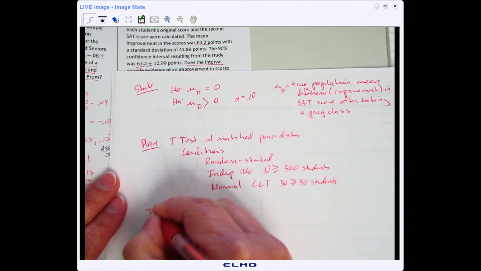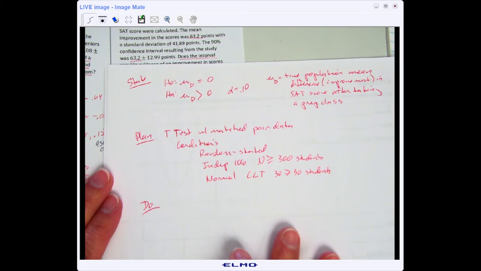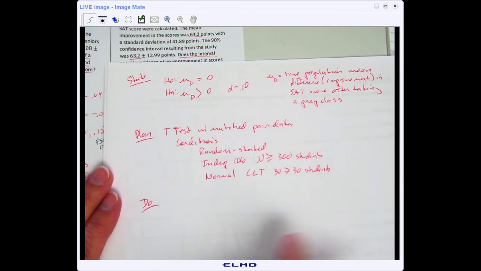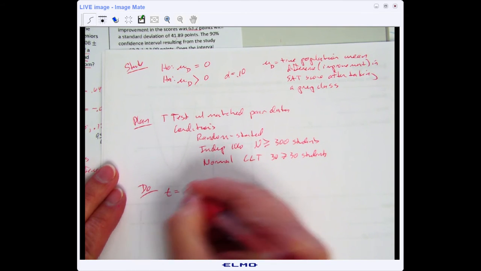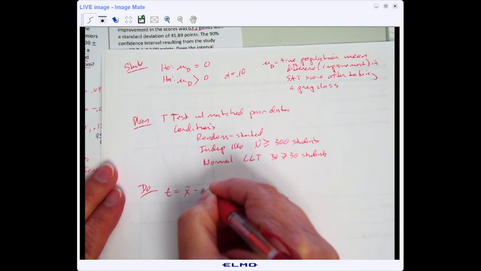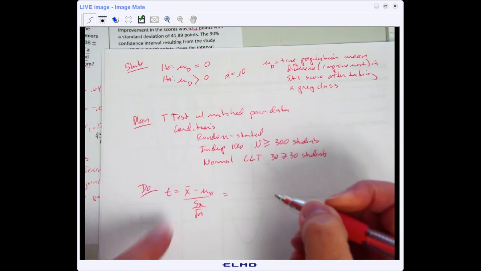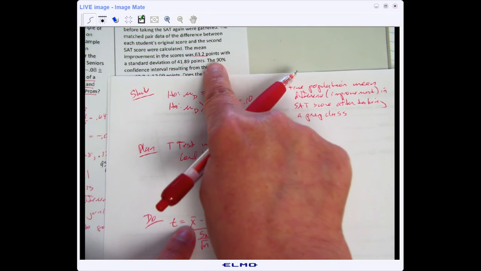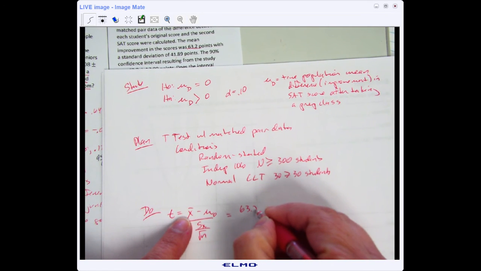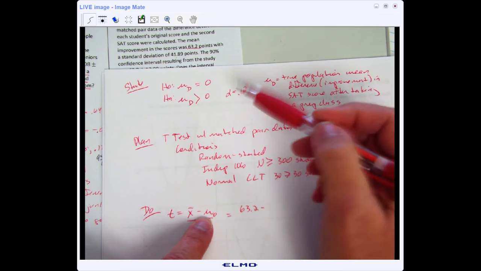Now when I get down to the do, I can write this one out because there aren't two samples. This will just be my mean minus the mu of my H0 over the standard deviation of my sample divided by the square root of my sample size. The mean of my sample was 63.2 minus the mu of my H0, that's 0.